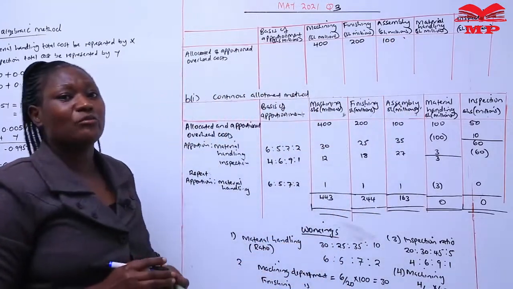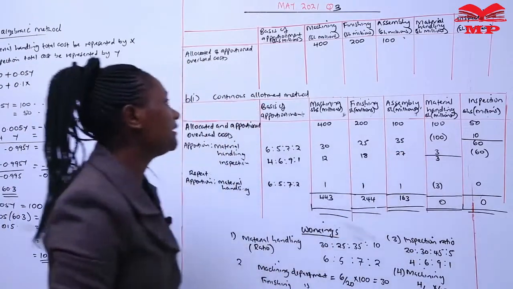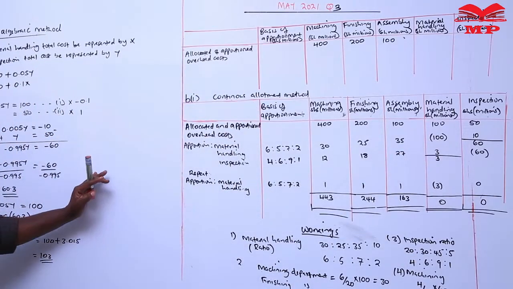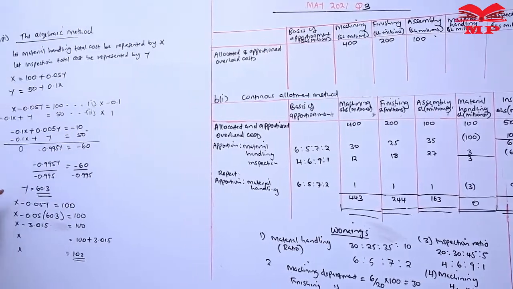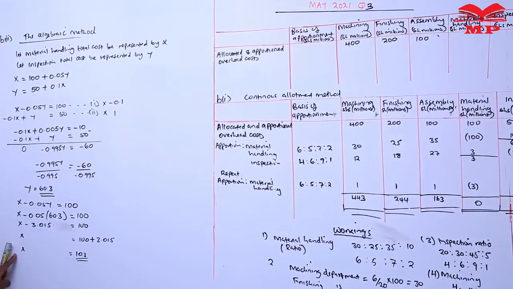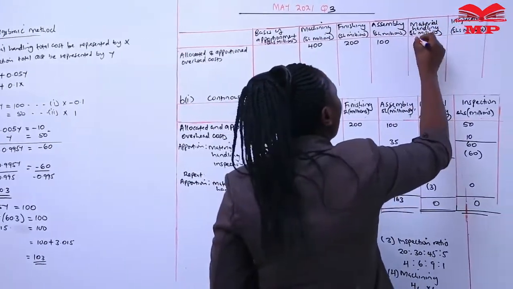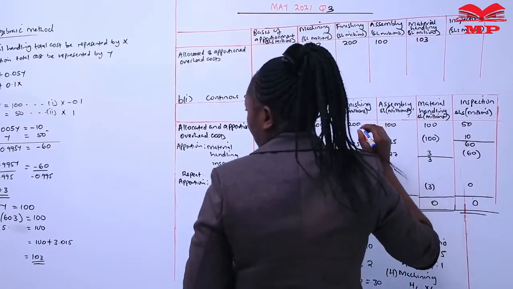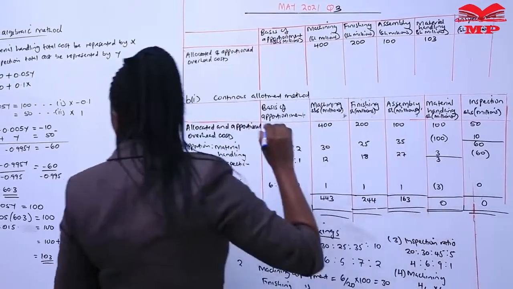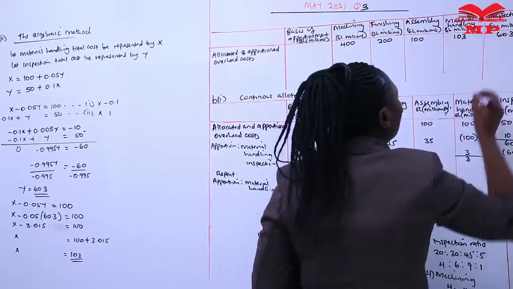But now when it comes to material handling, we are not using the original amount of 150, but we are now using the results of the simultaneous equations. Y represented inspection and X represented material handling. So for material handling, the amount will be 103 and inspection will be 60.3.